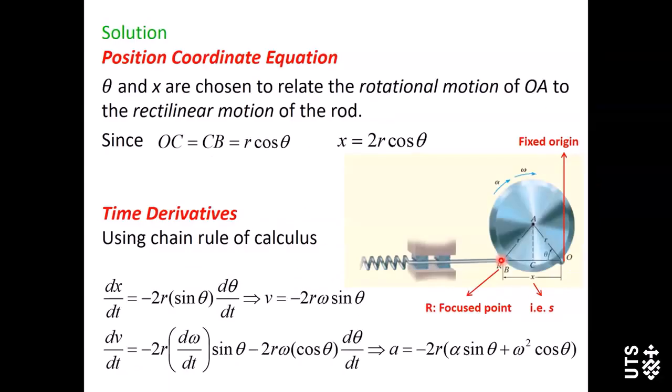We can find the distance from O to R, that's xr, should be equal to 2r times cosine theta in this triangle A, B, O. From B to C, that's r times cosine theta. From C to O, that's r times cosine theta.